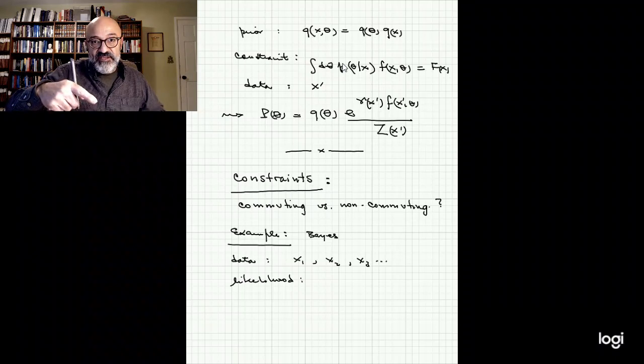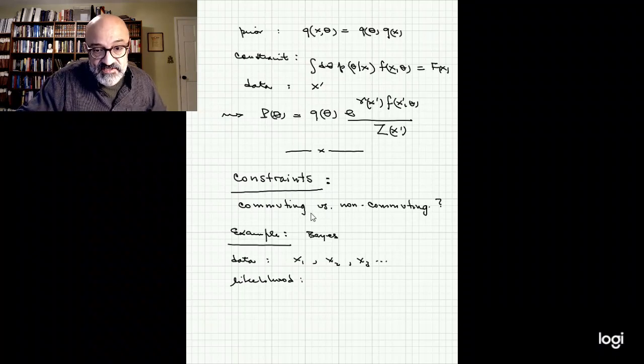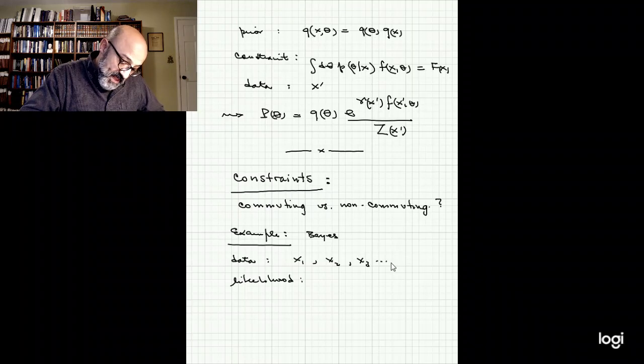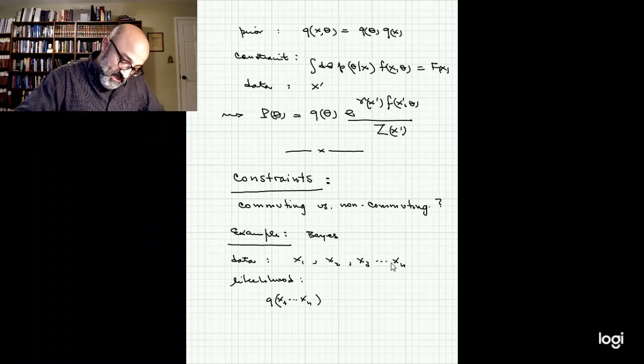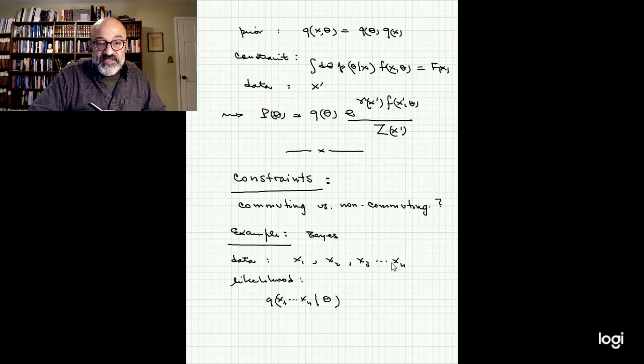we're assuming that each one of these experiments is independent from each other. And so the likelihood function is going to be something like this. You do n of these experiments, and the likelihood function is going to be something like that.